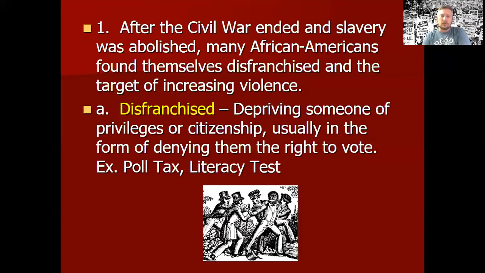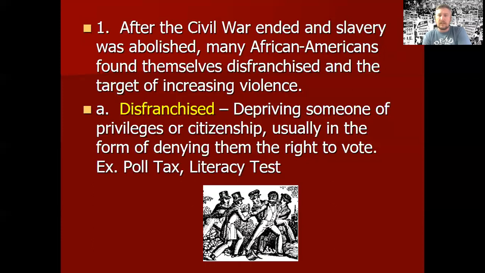And the first way you do this is you stop them from voting. You stop them from having any kind of voice in the public sphere. So what we're going to see is that there are numerous ways in which blacks are kept from voting in the South through things like poll taxes. Many of these recently freed African Americans are broke.